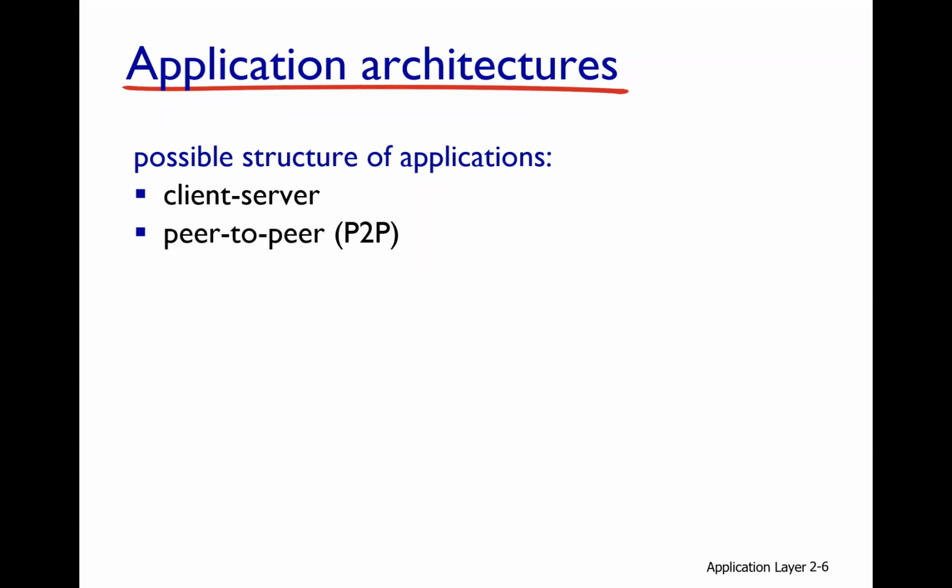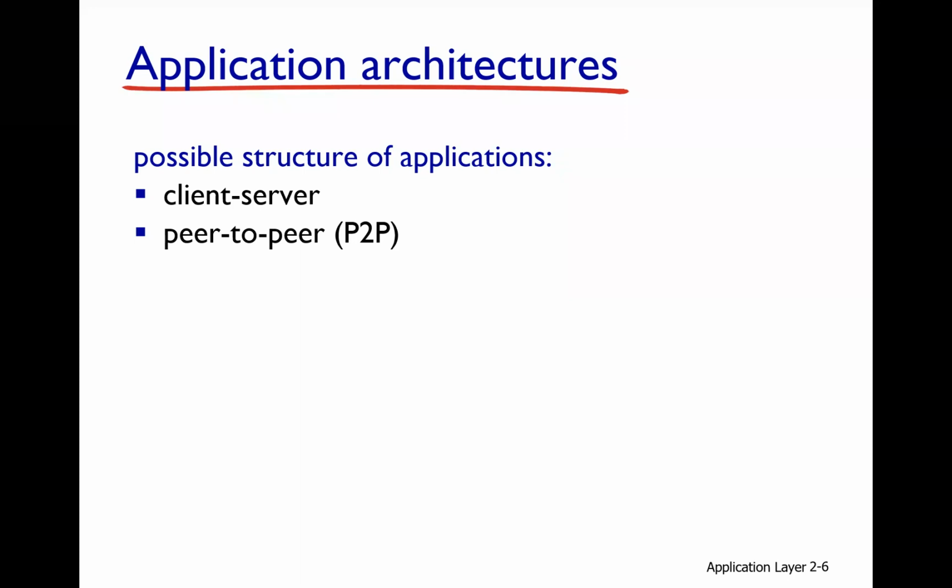Well, the second type of application architecture is peer-to-peer, sometimes written as P2P here. Compared to the client-server architecture, P2P really doesn't have a dedicated server, but everybody in the system serves as both the client and the server at the same time.